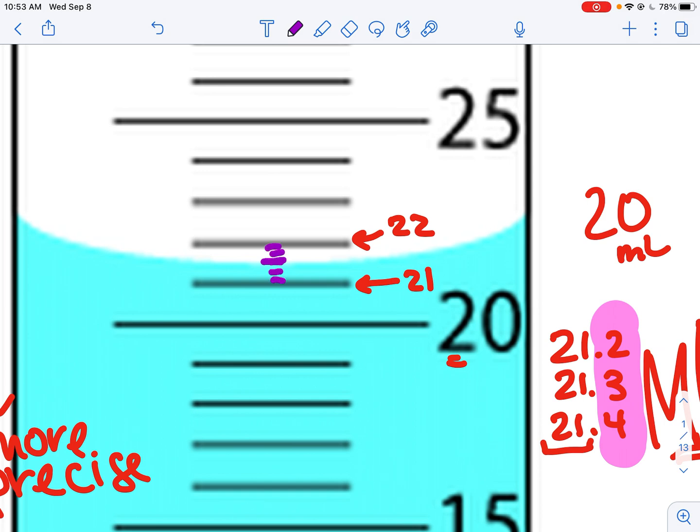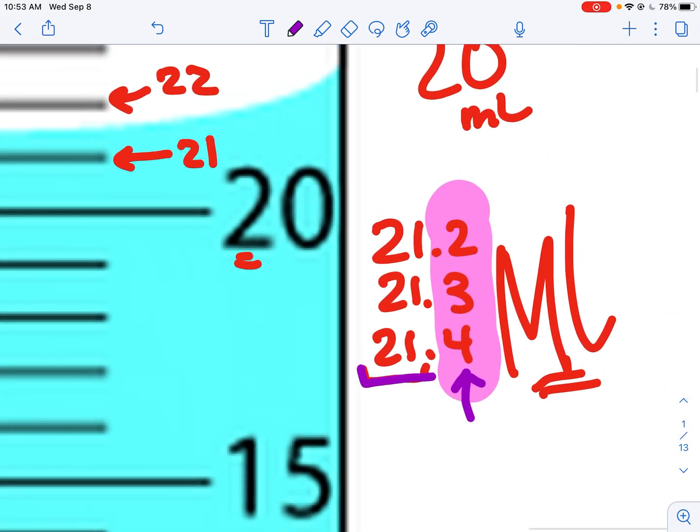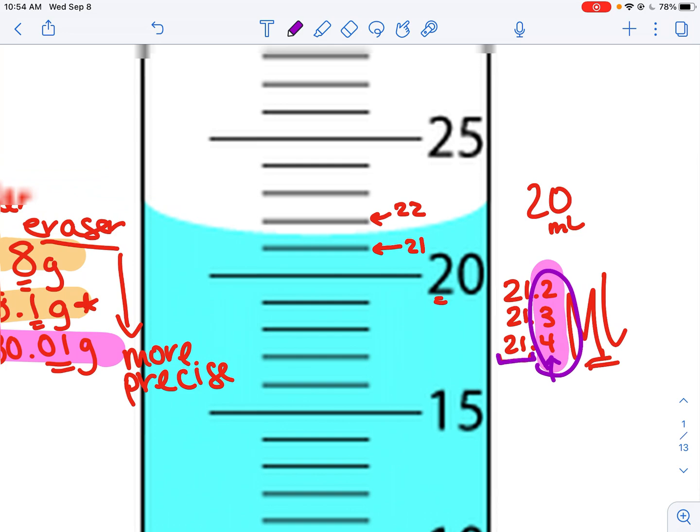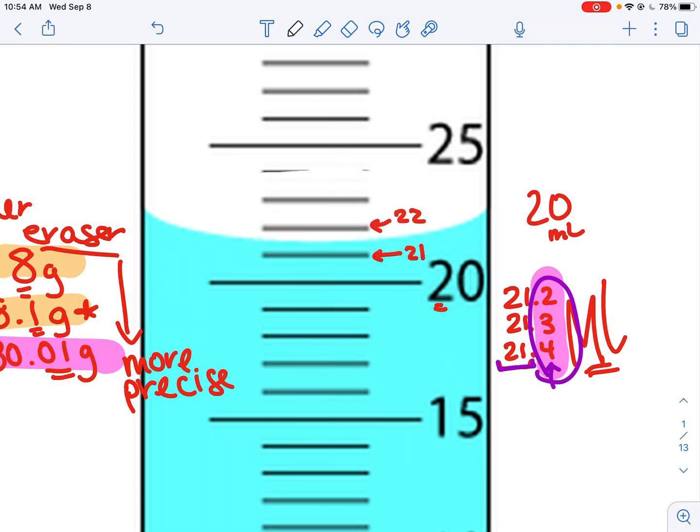The more tick marks you have, the more certain you can be with your answer, and the more precise. It might be 21.2, it might be 21.3, I don't know. So this is my estimated digit. I'm certain it's 21, and then I only estimate 1 digit past that.